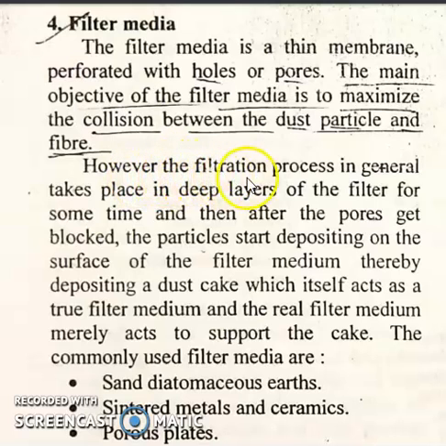However, the filtration process in general takes place in deep layers of filter for some time, and then after the pores get blocked, the particles start depositing on the surface of the filter medium, thereby depositing a dust cake, which itself acts as a true filter medium, and the real filter medium merely acts to support the cake.